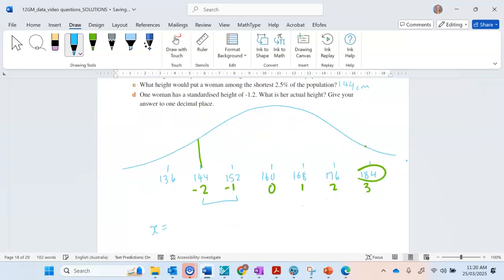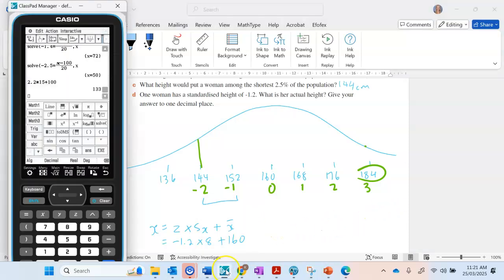Remember the formula, x is equal to z times sx plus the mean. The z score was -1.2, the standard deviation is 8, and the mean is 160. So we plug that into the calculator: negative 1.2 times 8 plus 160.